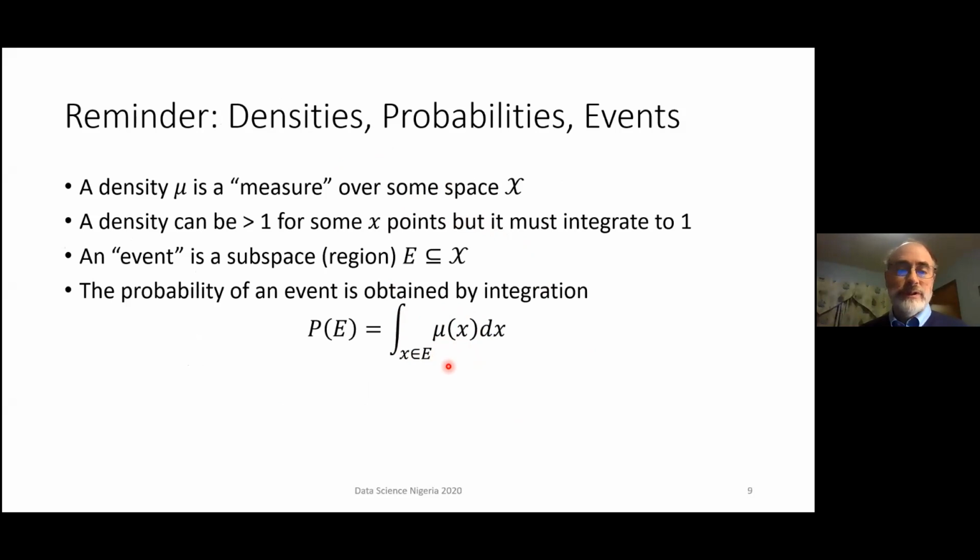It's actually strictly known as a measure, because for any measurable subset of the input space, it assigns a probability to it. An event is a subspace of the input space, and the probability of an event is determined by integrating over that subspace. So we sum over all the elements in E the measure mu of x.